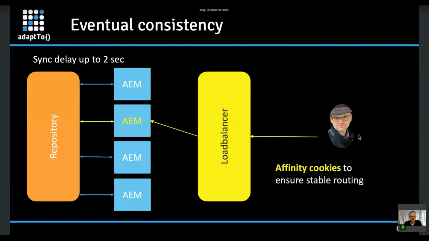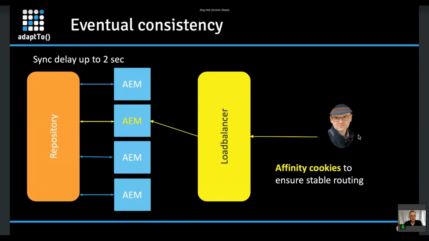Here we use affinity cookies as well, in the same way as we used to do it in the past. Affinity cookies make sure that the load balancer directs you always to the same AEM instance. It's not really a guarantee because this AEM instance can basically go away at any time, but the load balancer says, well, as long as this AEM instance is there, we will direct you there.